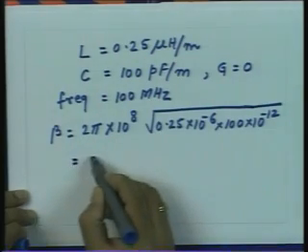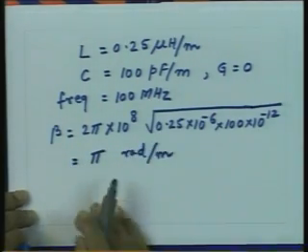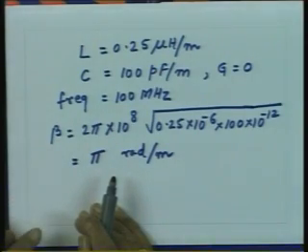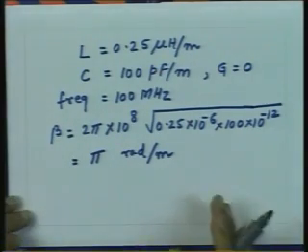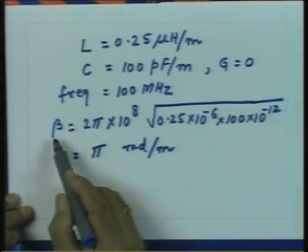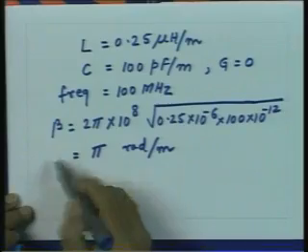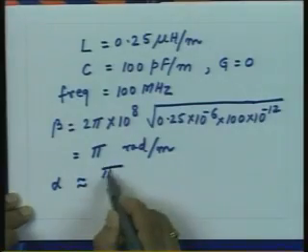This will be equal to pi radians per meter. Just to take a number, if alpha is less than 1% of the value of beta, I can treat the line as a low loss transmission line. The alpha should be approximately pi divided by 100.